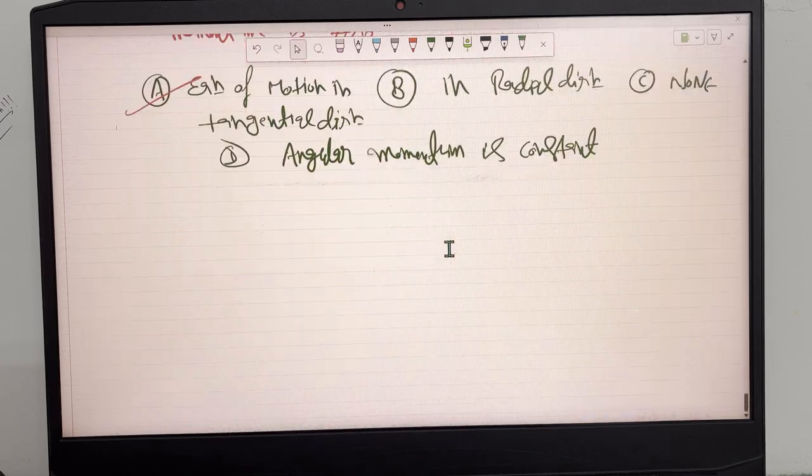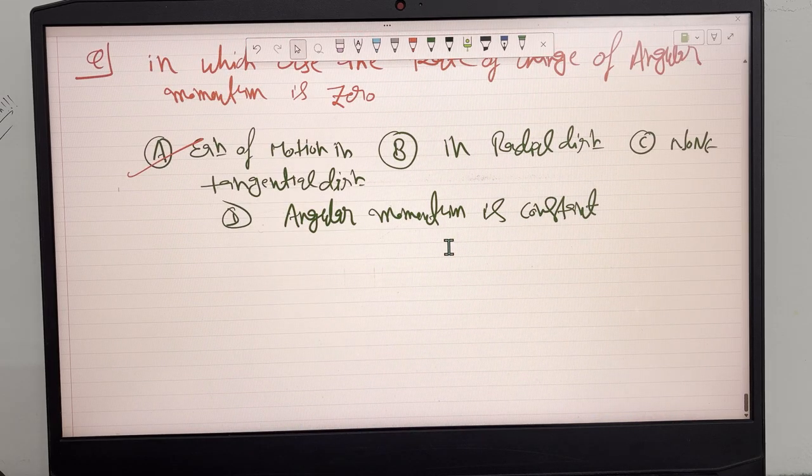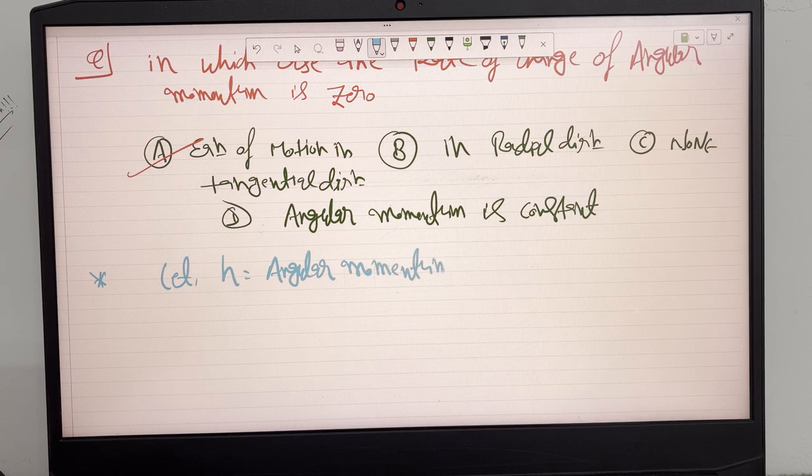Okay. Now write the very useful term I'm writing here. Let H be the angular momentum per unit mass.